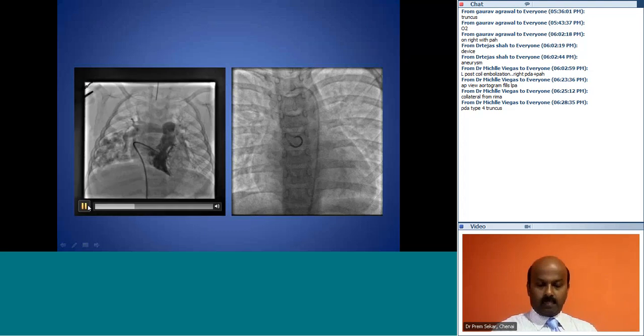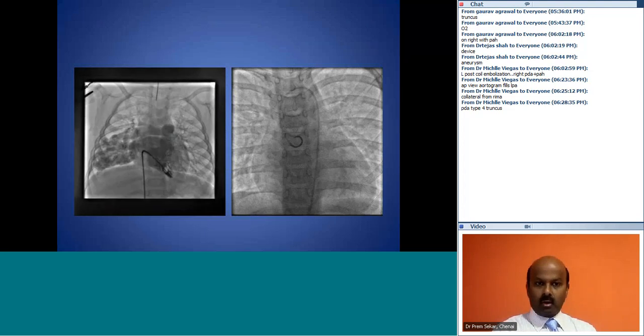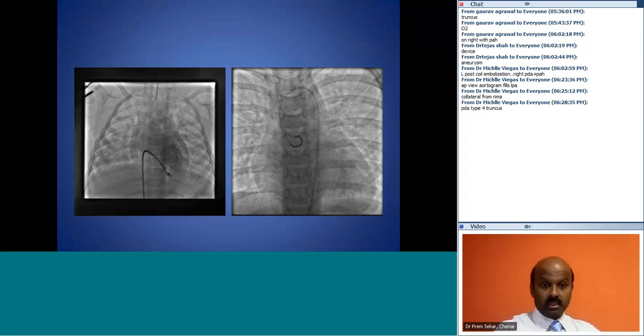These can happen anywhere, and the unusual location of the continuous murmur should alert you to the possibility that this is not a patent ductus arteriosus.